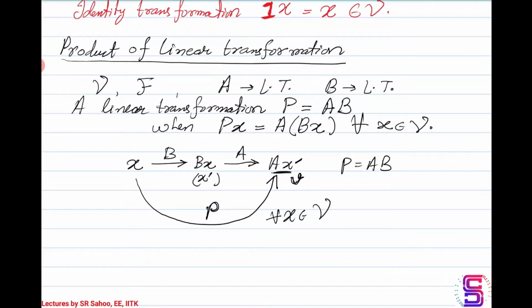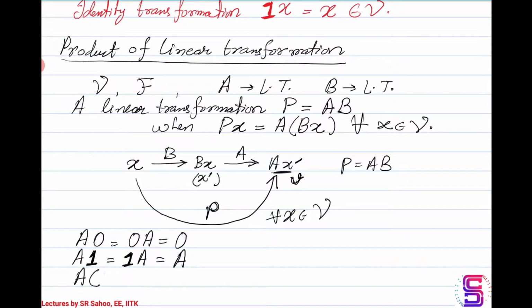So what are the properties associated with this? A's product with the zero transformation is the same as zero's product with a linear transform, which is basically going to give a zero transformation. Similarly, A's product with the identity transform is the same as the identity transform's product with A, which is the same as the linear transformation itself.